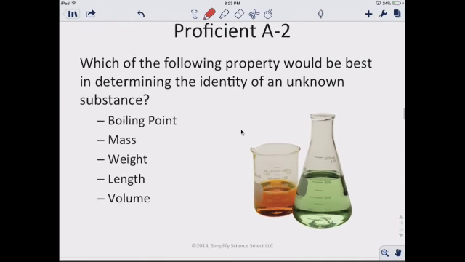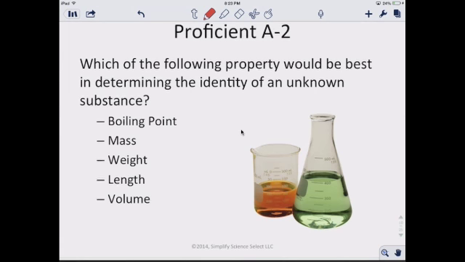On to our next example. It says, which of the following properties would be best in determining the identity of an unknown substance? Remember, anytime we're trying to identify an unknown substance, we want to use our intensive properties. So boiling point would be a great one. Mass wouldn't.